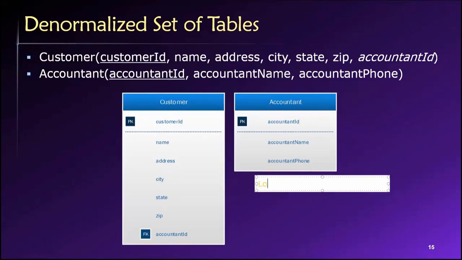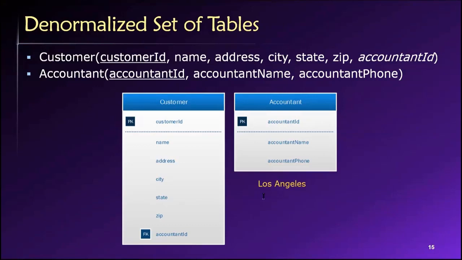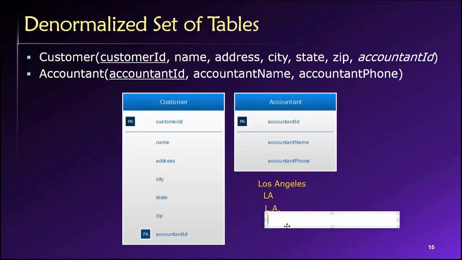So one customer, when providing their address, might type in something like Los Angeles. Another one might type in something like LA. Another one might type in L period A period. Another one might type in Los Angeles, but all lowercase.